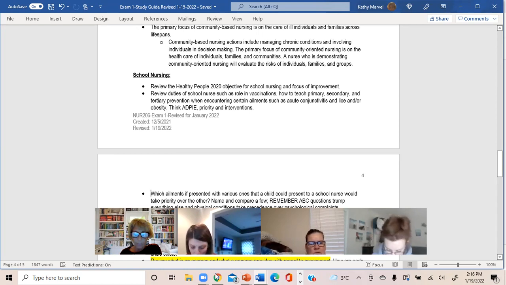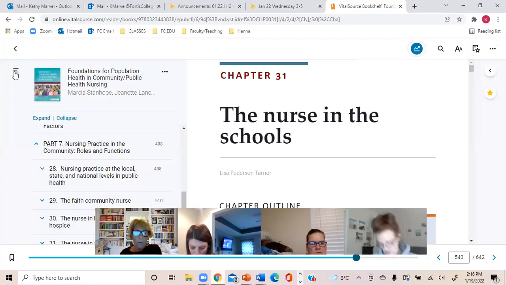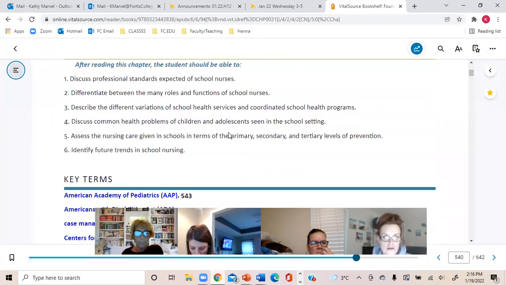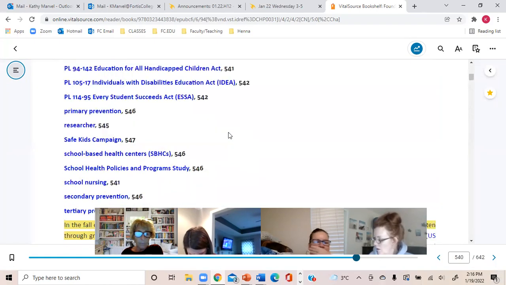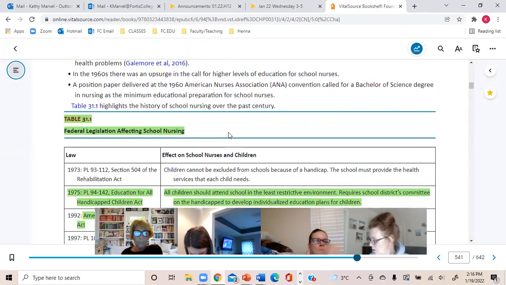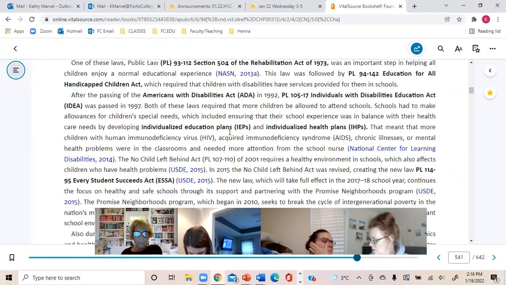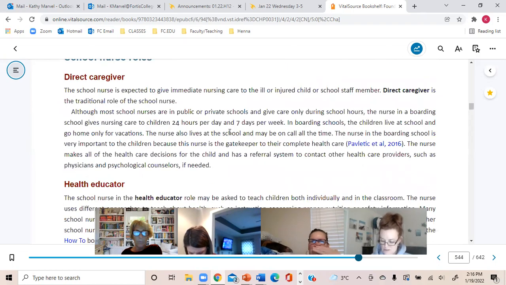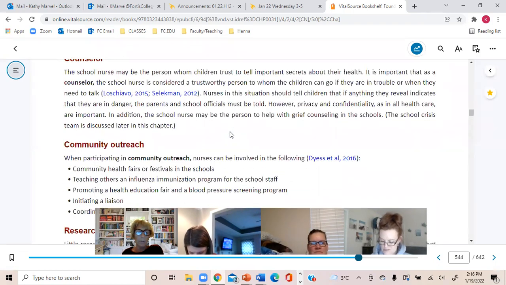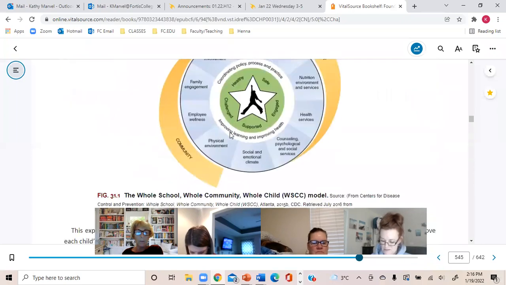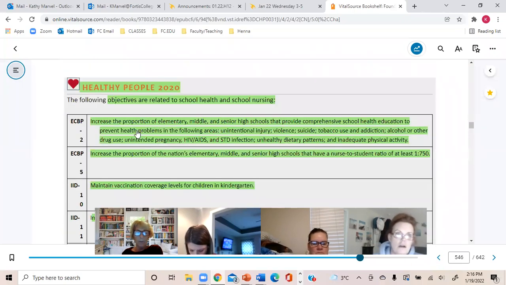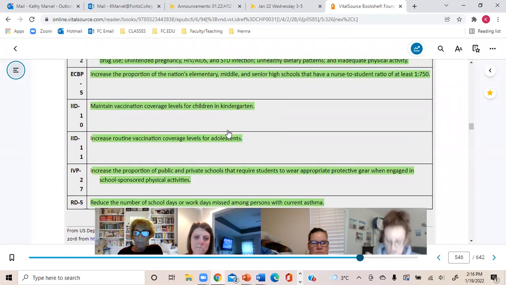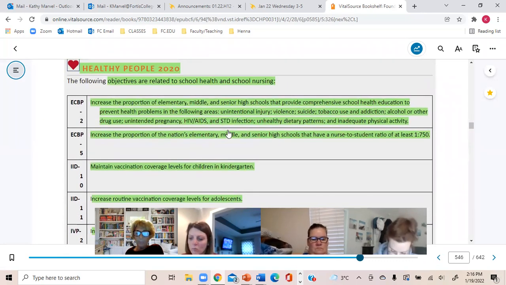So let's go find that, chapter 31. Again, you don't have to read the whole chapter. Look at the original objectives. Here's your Healthy People, page 546. That's how you go in and find it.